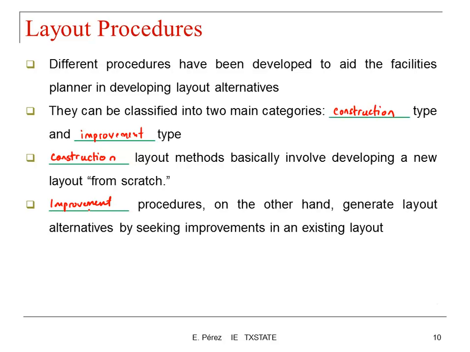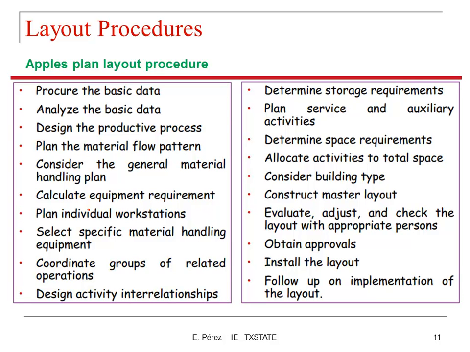So next I'm going to show you 3 different procedures for layout. The first one is from Apple. And these are the steps they follow to plan a layout. So as you can see, there are a lot of steps. You start with getting the basic data, analyze that data, so you can analyze that using one of the quantitative or qualitative methodologies that we explained.